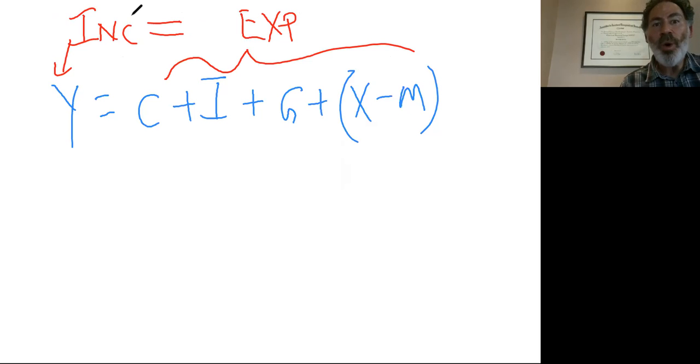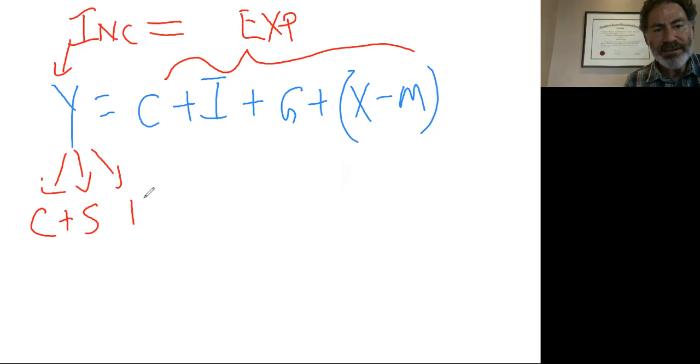All right, so let me take this a step further. Your income can be broken down into a couple of items. There's consumption, so we can go out and use it to buy goods and services. We can save our money, and part of our money goes to taxes.